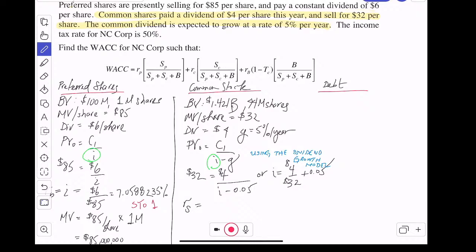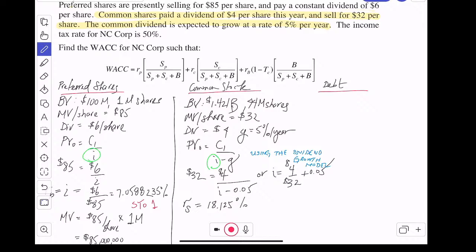When you calculate this, it's pretty high, 18.125%.